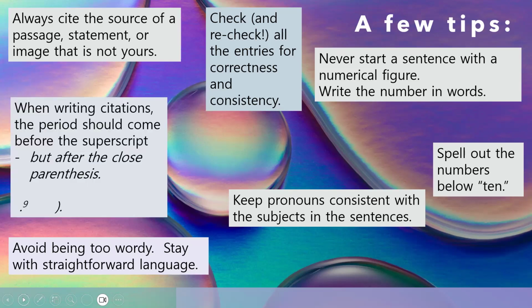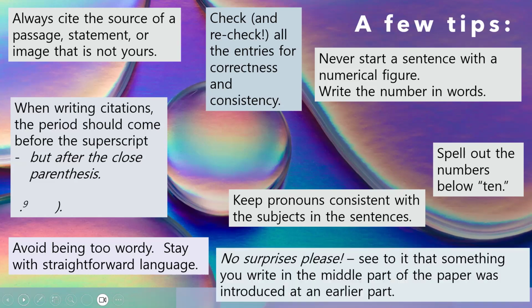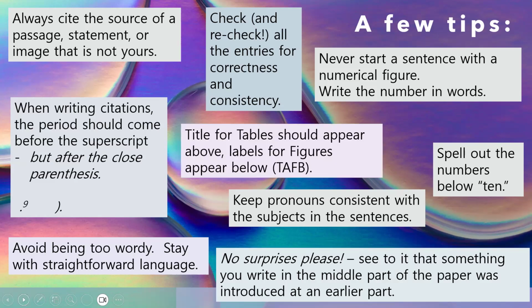When writing citations, the period should come before the superscript but after the close parenthesis. No surprises, please. See to it that something you write in the middle part of the paper was already introduced at an earlier part. The title for a table should appear above. Labels for figures should appear below.